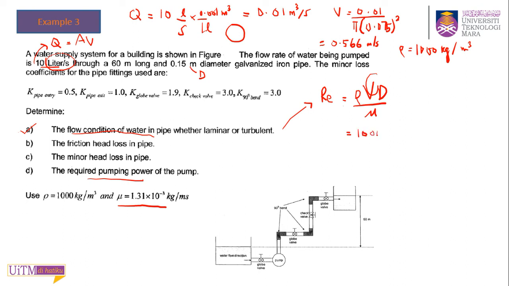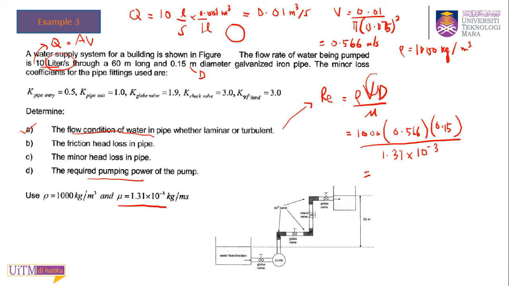So 1000 times V, 0.566, times D, the D is 0.15, over 1.31 times 10 to the power of minus 3.